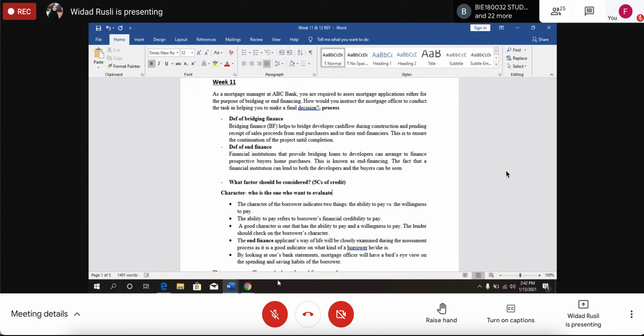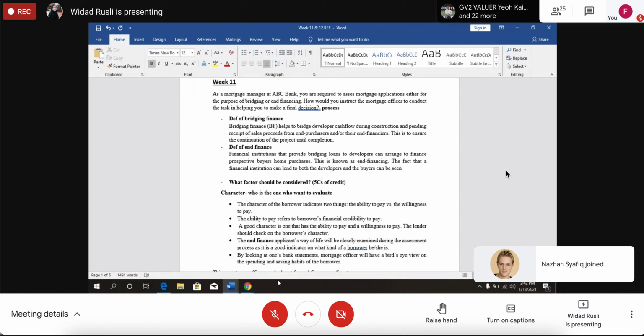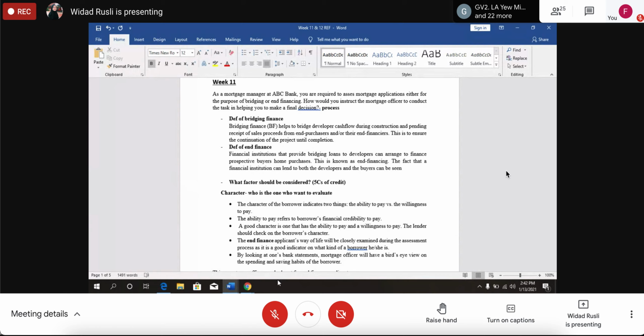What are we supposed to talk about in the application process? What are the requirements that are needed? Not how they approve the loan, that's the next stage. So the requirement. Okay, we start with the requirement.